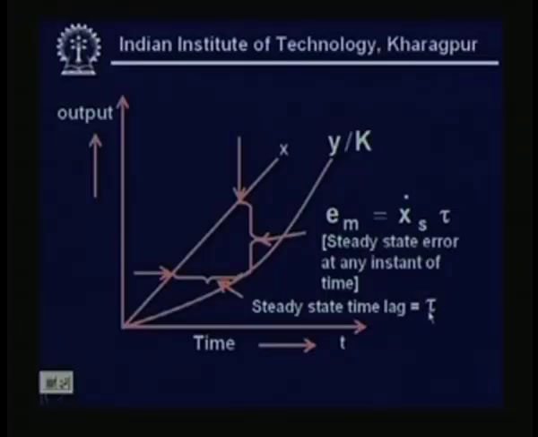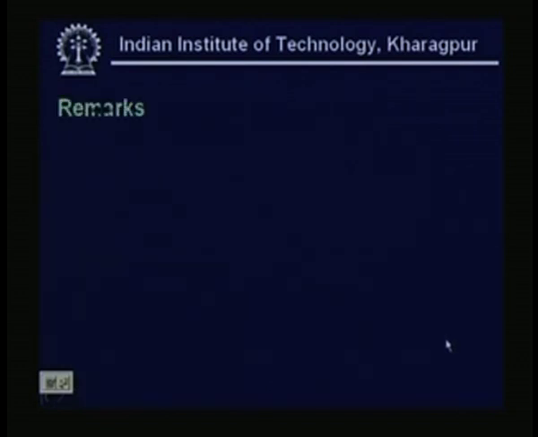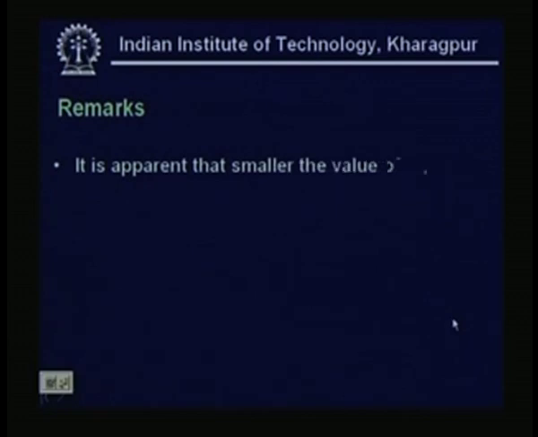And interestingly, you see the steady state time lag is always tau. So, the steady state error at any instant of time is x_s dot into tau and the steady state time lag is tau. So, what are the remarks for a system with this input?